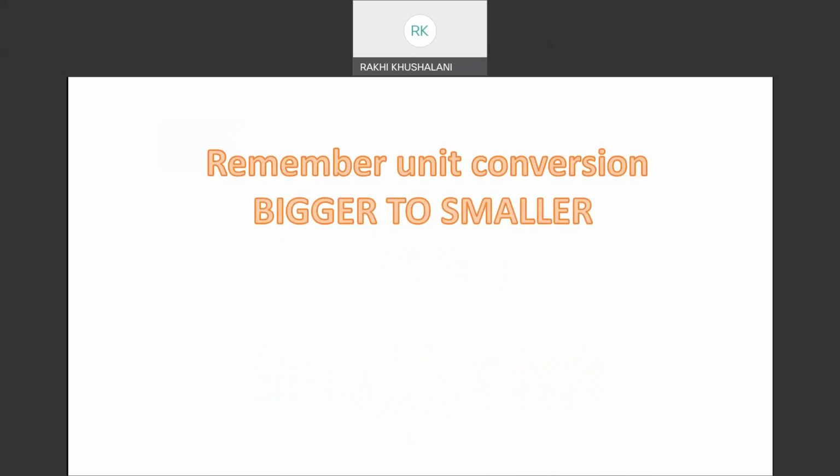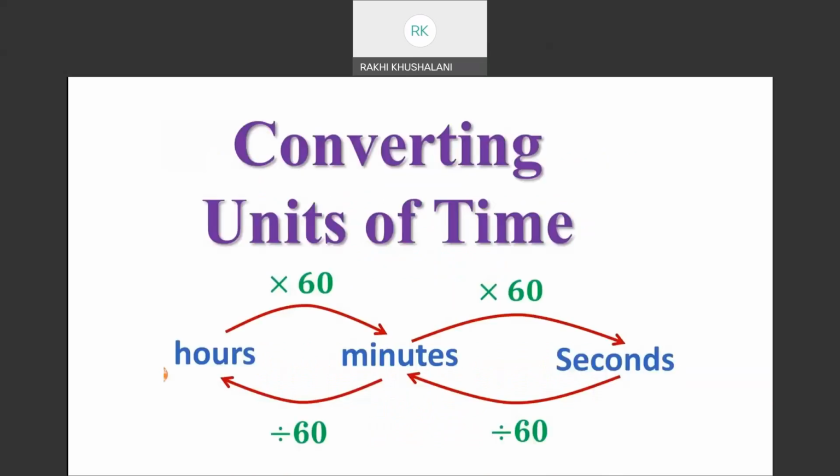So if you look here, bigger to smaller, I'm multiplying by 60. Hour is the biggest unit. Multiply by 60, you go to minutes. Multiply by 60, you go to seconds. If I'm going in reverse order, from seconds to minutes, divide by 60.